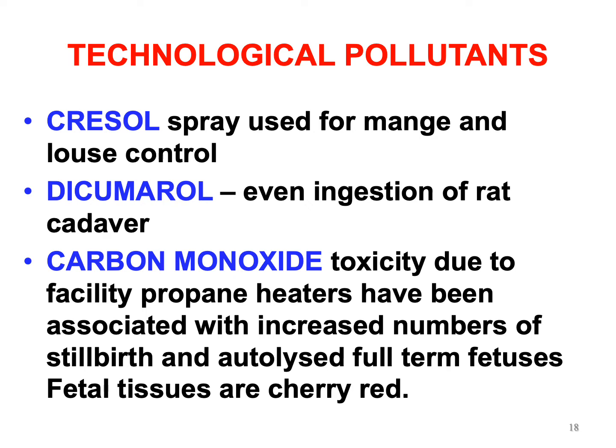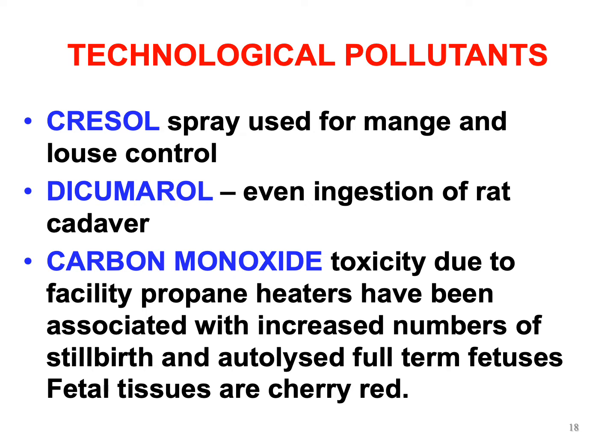Or the dicumarol, the anti-vitamin K substance, which is used against rat invasion. And they really kill the rats after some intake, but the rat cadaver itself may be poisonous for the pigs.